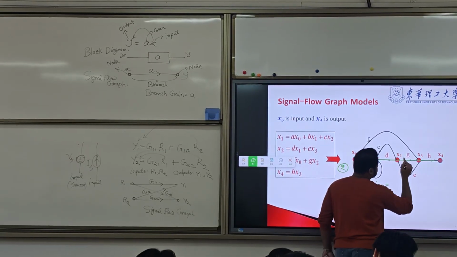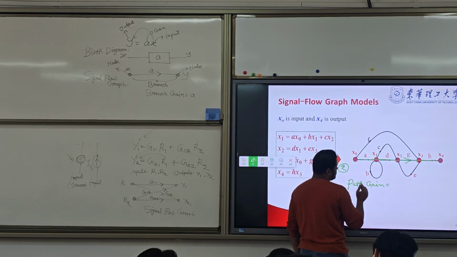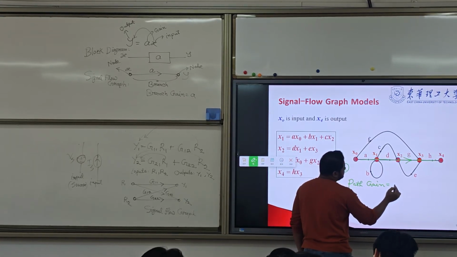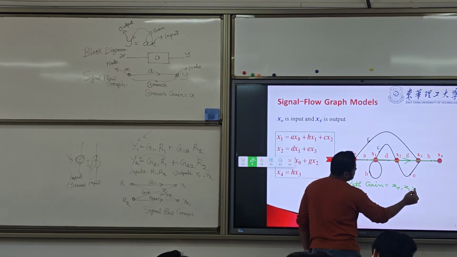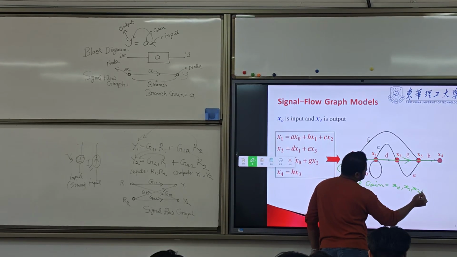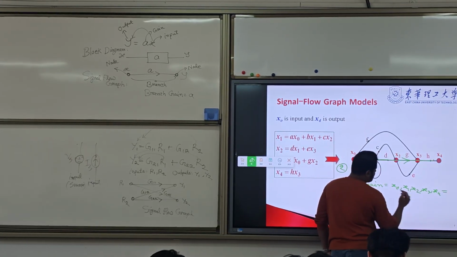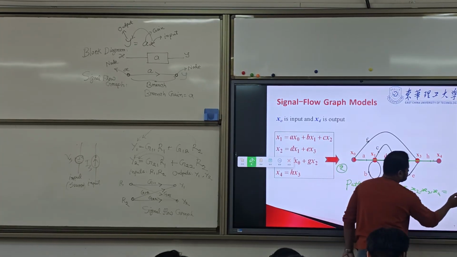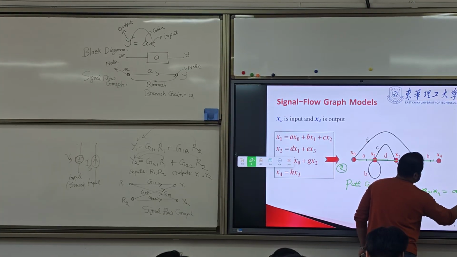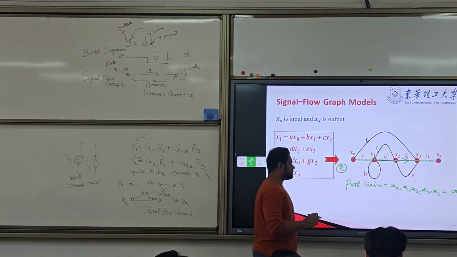This is the first one. And what is the gain for the first path? It is x0, x1, x2, x3, x4. So the path gain is ADGH. That is the first path gain.